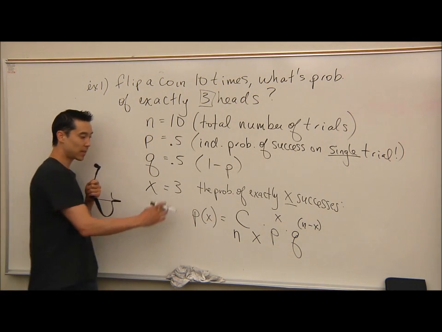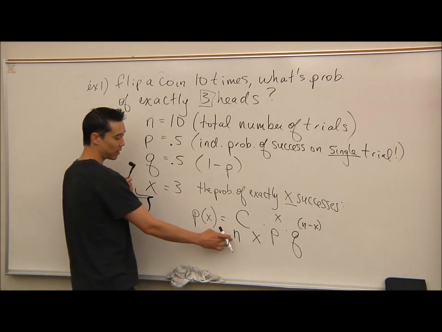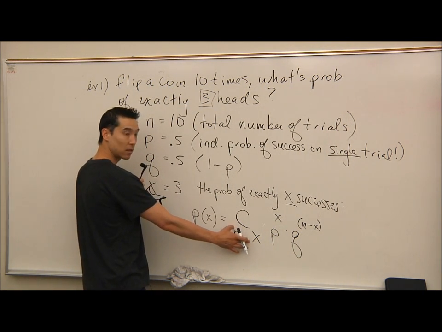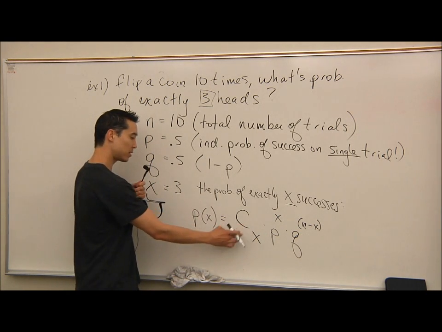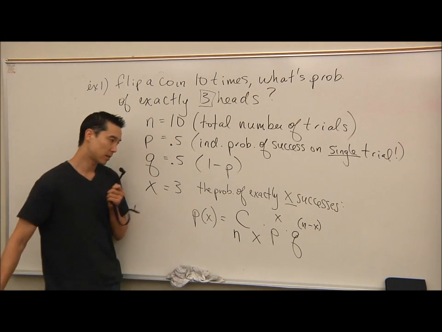The probability of exactly 3 successes is nCx times P to the X times Q to the N minus X. So we're doing a combination, N things, choosing X at a time.